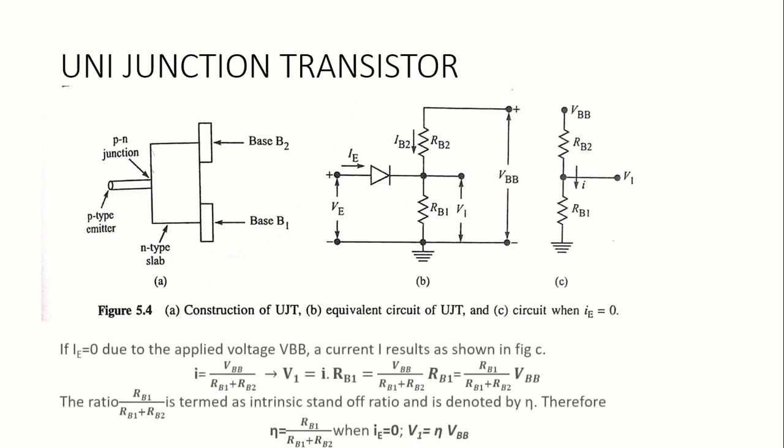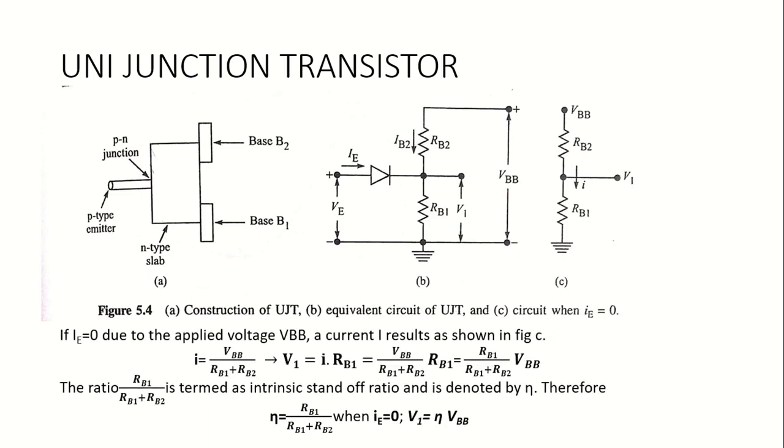If IE is 0, due to the applied voltage VBB, I equals VBB by RB1 plus RB2. The voltage across RB1, V1, equals the current I flowing through the resistor RB1 times RB1, which is VBB by RB1 plus RB2 into RB1.